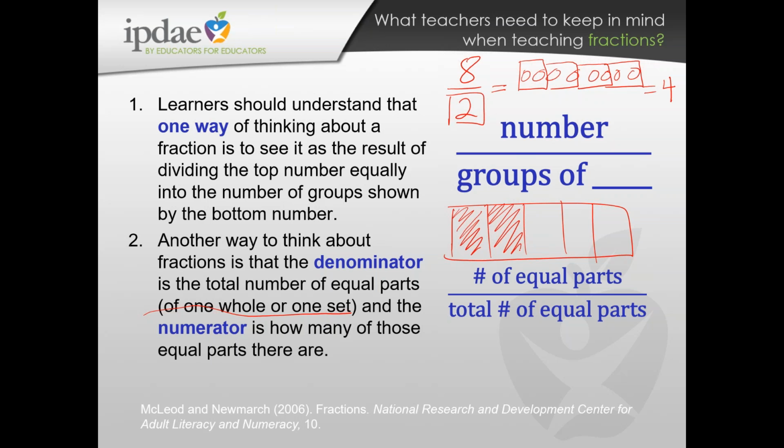If you want to express how much we ate as a fraction, we just put the number of parts that we ate over the total number of equal parts we had in the beginning, which is 5. That's one way of looking at fractions.